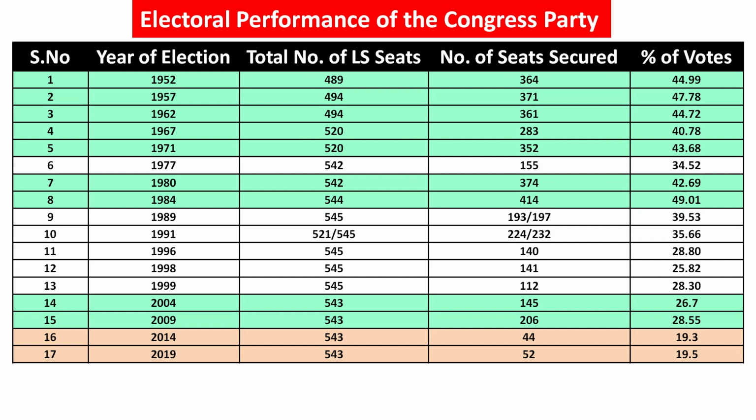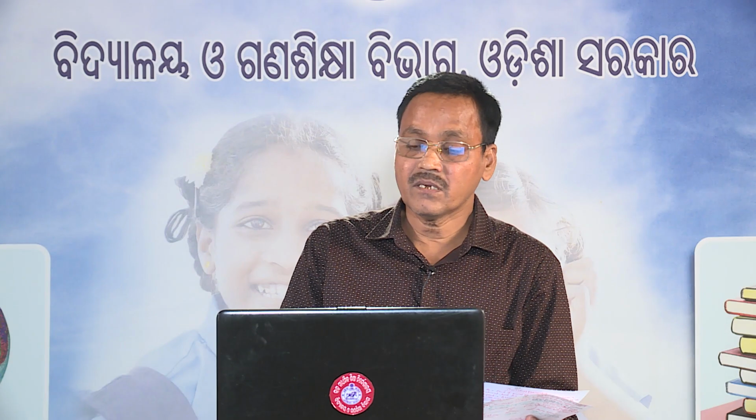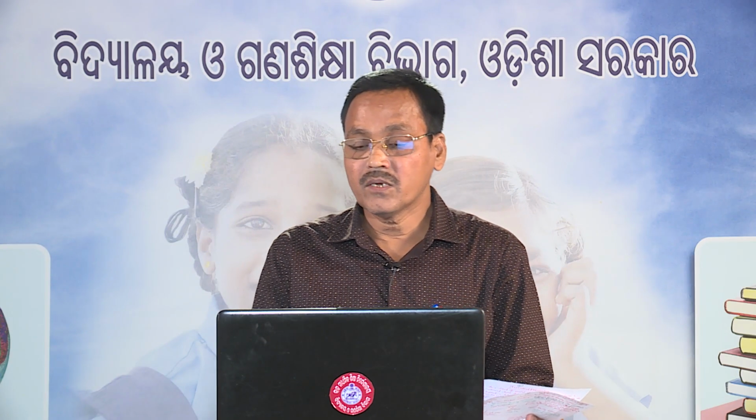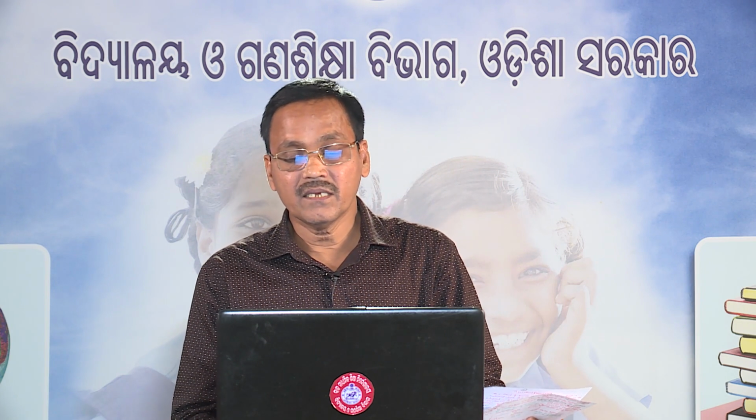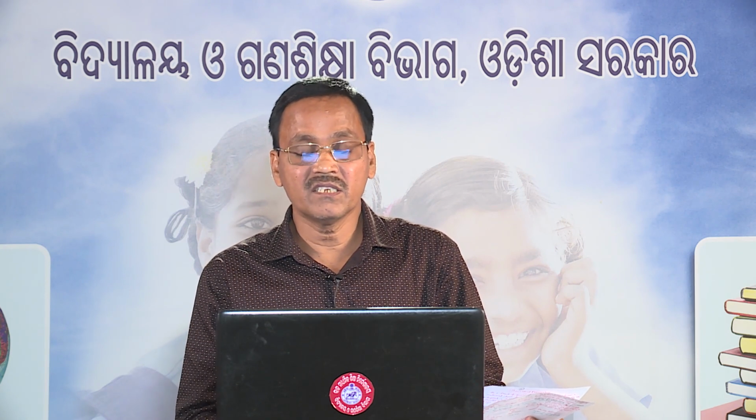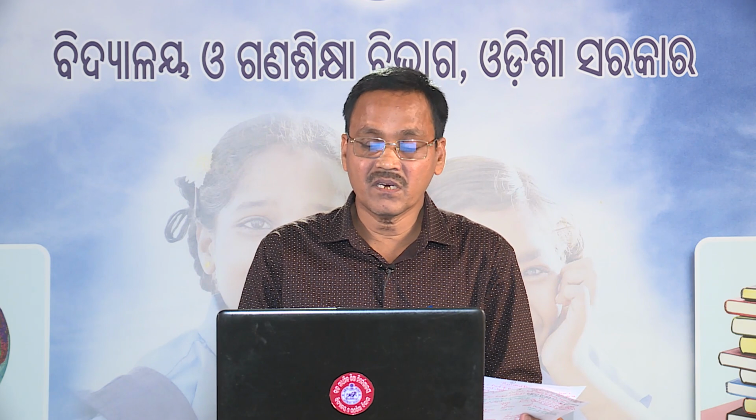While campaigning at Sriperumbudur, he was killed by the LTTE terrorists, the Liberation Tigers of Tamil Eelam. Because of that, the Congress got certain emotional votes in the second phase of the election in South India, and that is why it got to 244 seats, and P.V. Narasimha Rao was chosen as the Prime Minister of India.